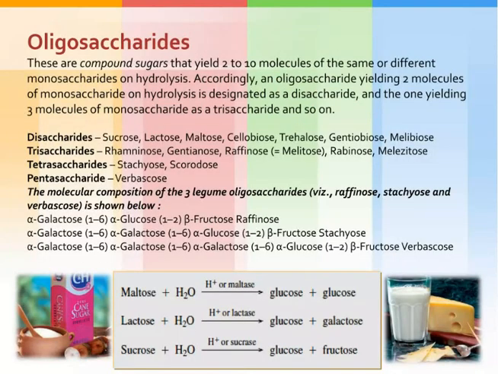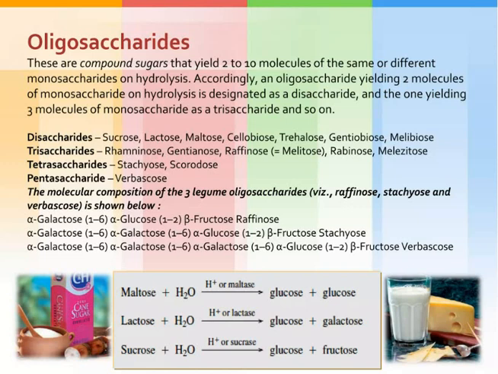Now oligosaccharides, you know these are compound sugars that yield 2 to 10 molecules of the same or different monosaccharides on hydrolysis. Accordingly, an oligosaccharide yielding 2 molecules of monosaccharide on hydrolysis is designated as a disaccharide, and the one yielding 3 molecules of monosaccharide a trisaccharide, and so on. Disaccharide examples: sucrose, lactose, maltose, cellobiose, trehalose, gentiobiose and melibiose.